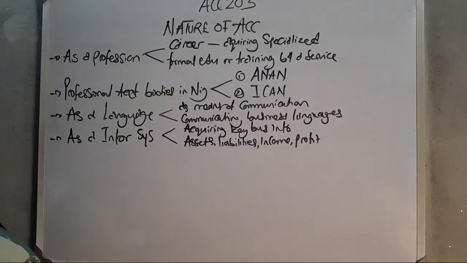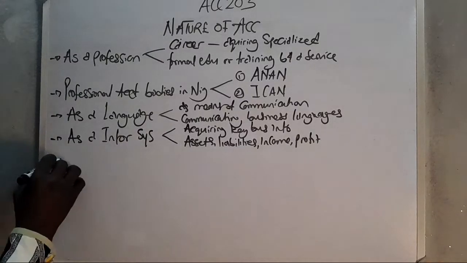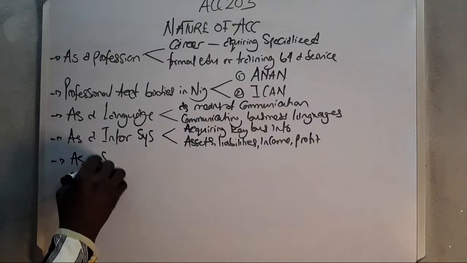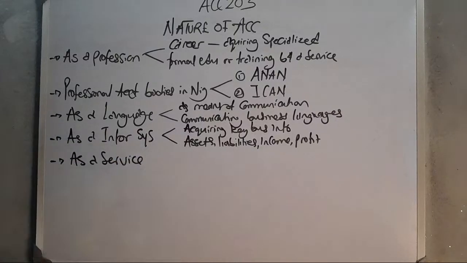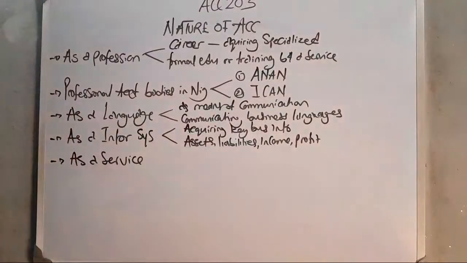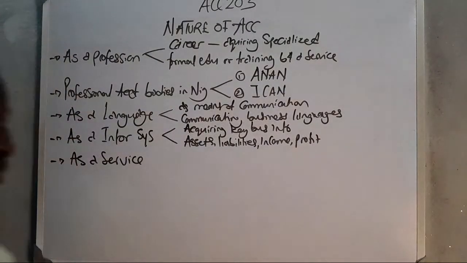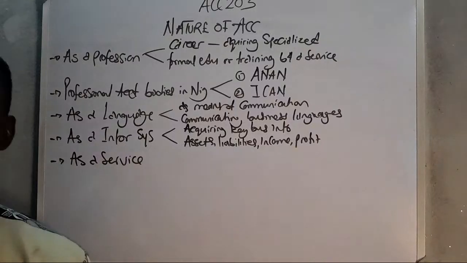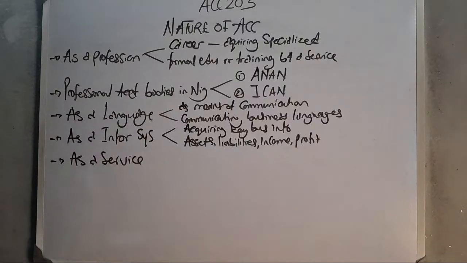As a service activity, it's not a physical good. It's not like we are buying tubers of yam or a pack of indomie. It is a service rendered by professionals.